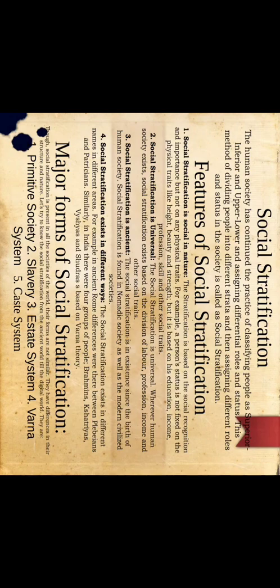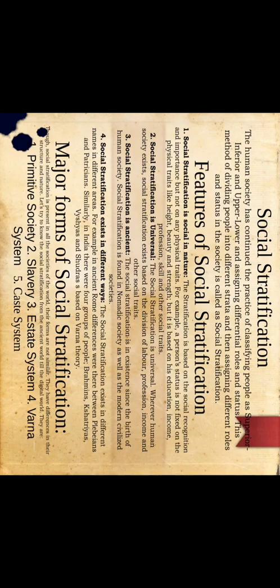Now let's see what you mean by social stratification and what the features of social stratification are. Today I'm just going to deal with the meaning of social stratification. Human society has continued the practice of classifying people, as I told you earlier, categorizing and classifying people as superior, inferior, upper, lower, and assigning differential roles and status.